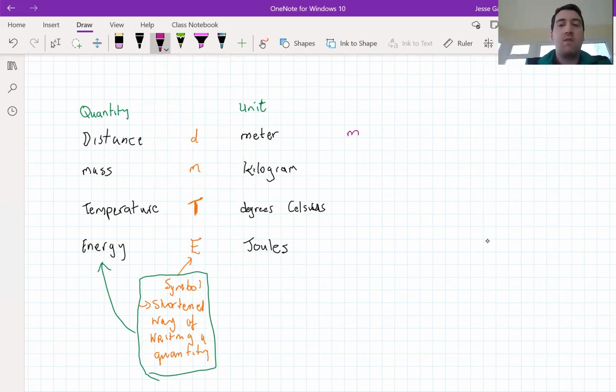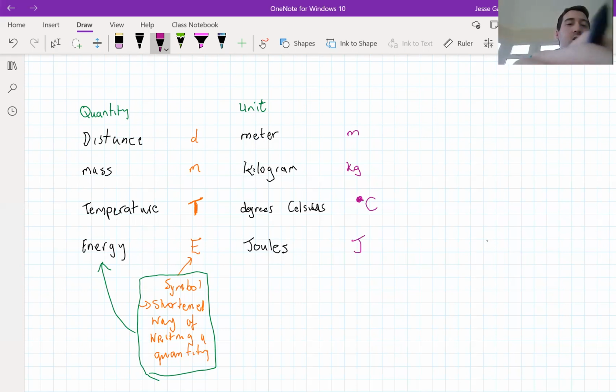For kilogram, instead of writing the full word, they would use the symbol kg, lowercase. For degrees Celsius, you may have seen it written like this before. It's like a little zero up here. This little zero means degrees, and then a capital C, so degrees Celsius. And joules is a capital J.